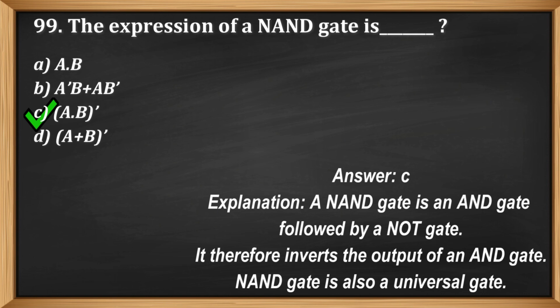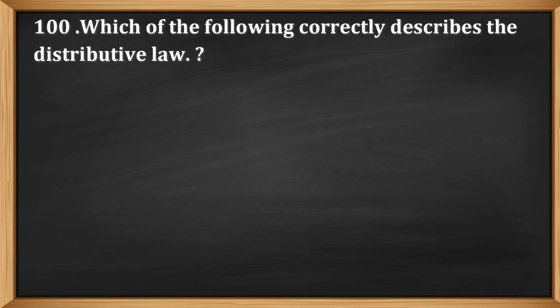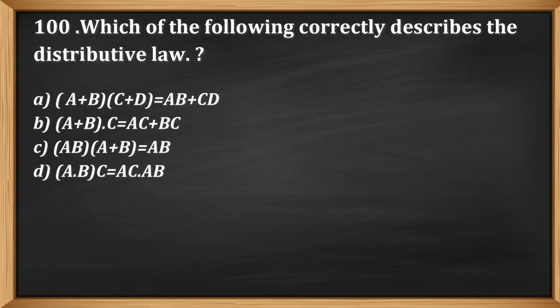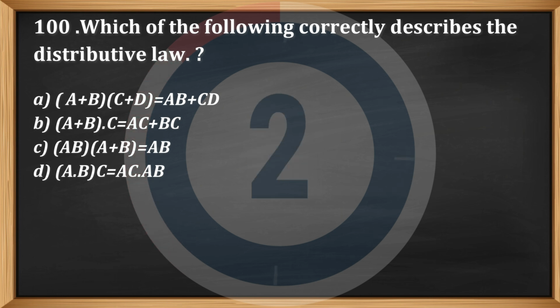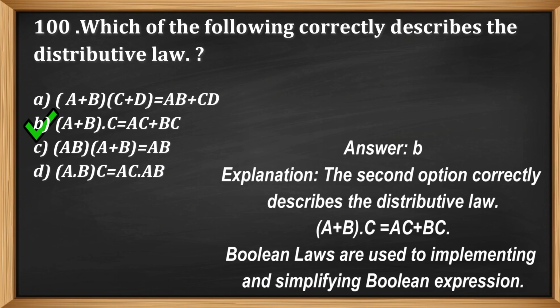The expression of a NAND gate is option C, A dot B NOT. Which of the following correctly describes the distributive law? Option B, A plus B dot C equal to AB plus BC.